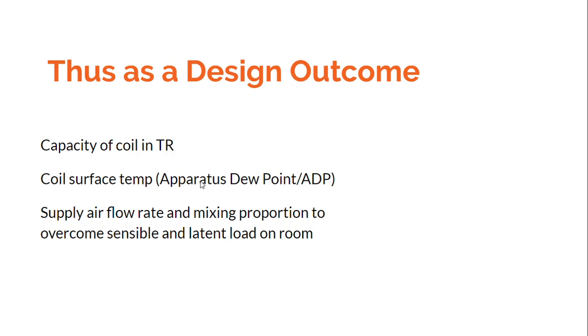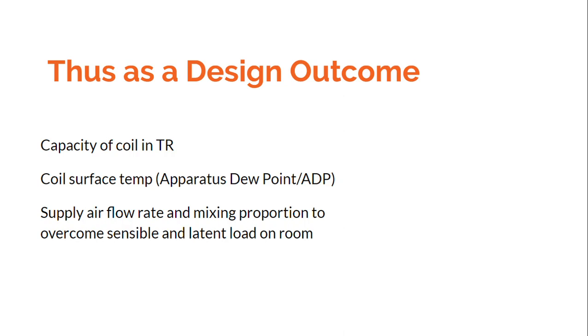So what exactly is design of an AC system? What would be the outcome of AC system design? The outcome of AC system design is to calculate the capacity of the coil in tons of refrigeration, decide the surface temperature of the coil, also known as apparatus dew point when you are talking about cooling and dehumidification, and then finally fix the flow rate, how much air needs to be supplied to the room so that the occupants would feel comfortable.